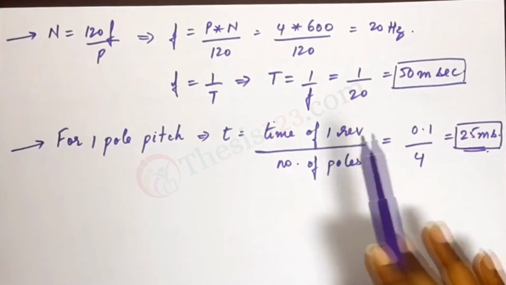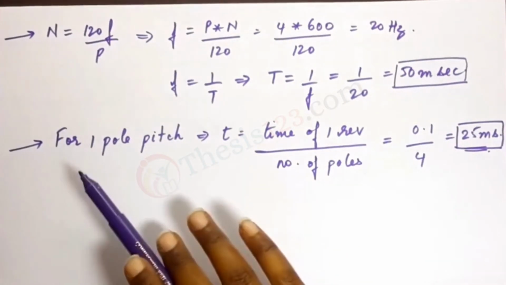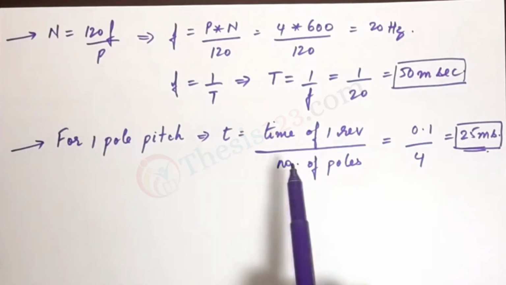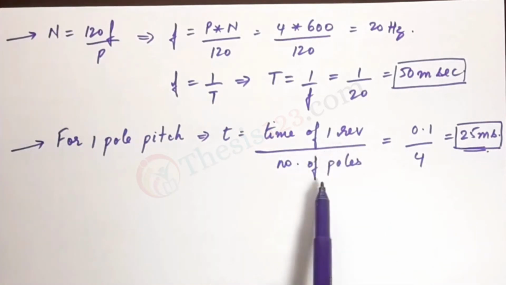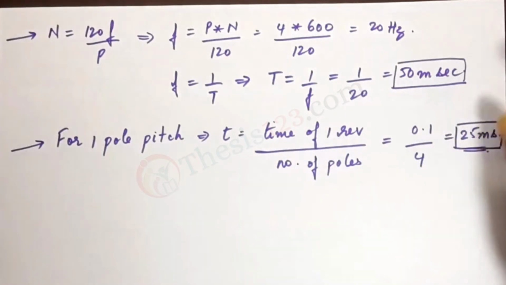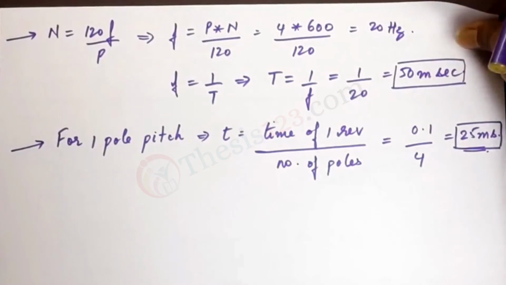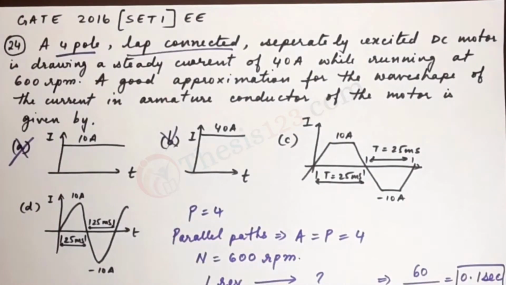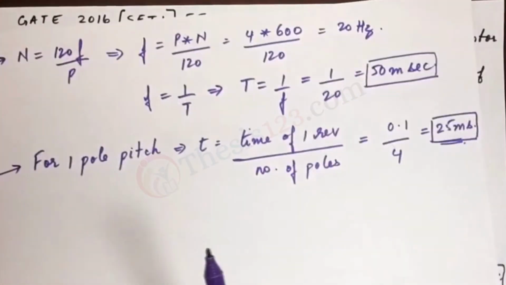Now the next method is to calculate the pole pitch. For 1 pole pitch, the time period is time of 1 revolution divided by the number of poles. In the previous part, we found out the time of 1 revolution here. Let me just show that to you. Right, over here. 1 revolution is 60 by 600, which is 0.1 second.